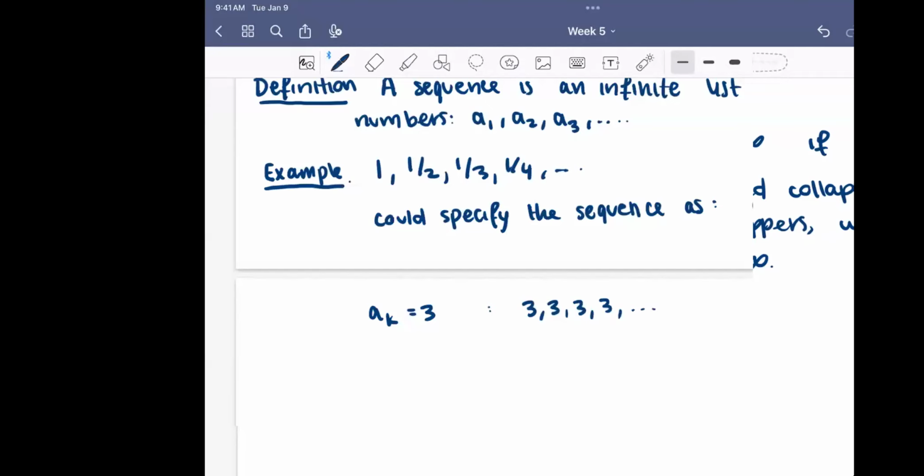Okay, here is how we're going to set this up. Intuitively, we want to say something like the limit as k goes to infinity of 1 over k is equal to 0, and also things like the limit as k goes to infinity of 3 is equal to 3.